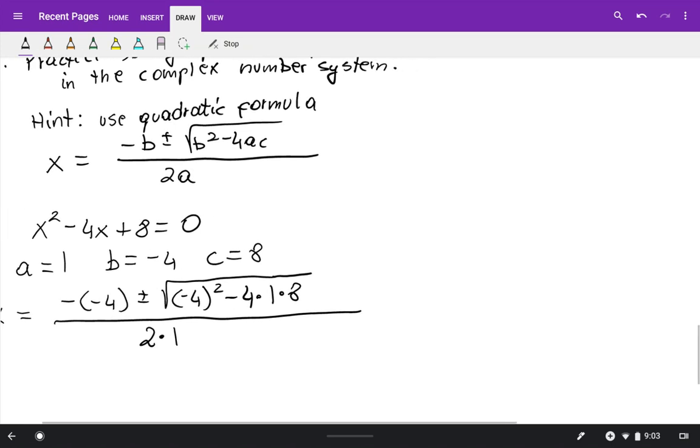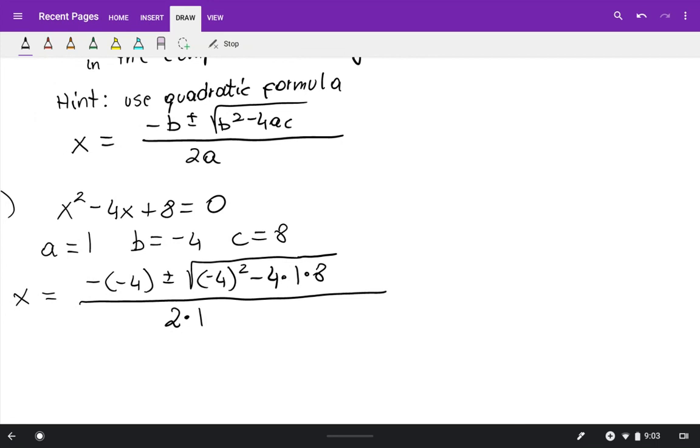So slowly simplify. Negative of negative 4 is just positive 4, plus minus, and let's simplify the expression under the square root. I'm going to show work here: negative 4 to the second power minus 4 times 1 times 8.